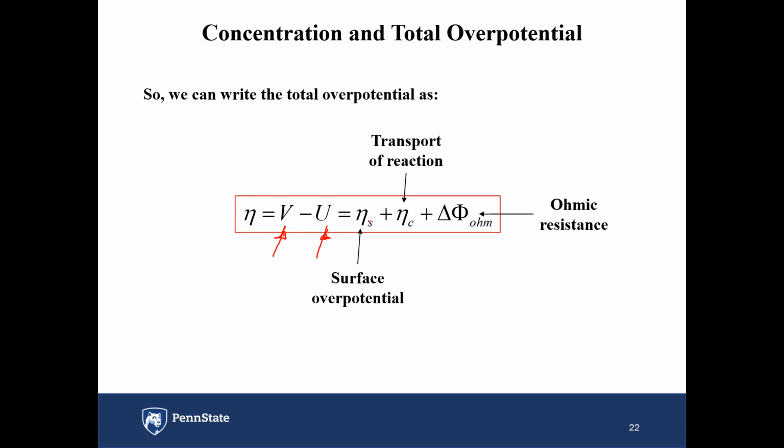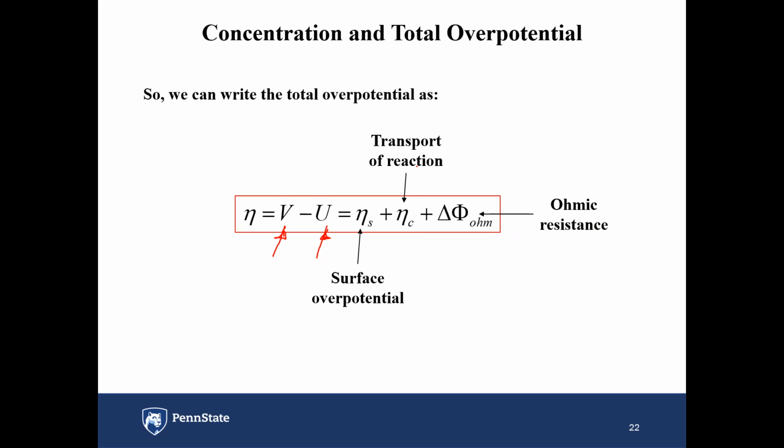The overpotential originates from surface overpotential, which mainly comes from electron transfer, the concentration-driven overpotential, which mainly comes from the transport of reactants, and the last comes from ohmic resistance. This side can be measured and contributed by IR compensation.